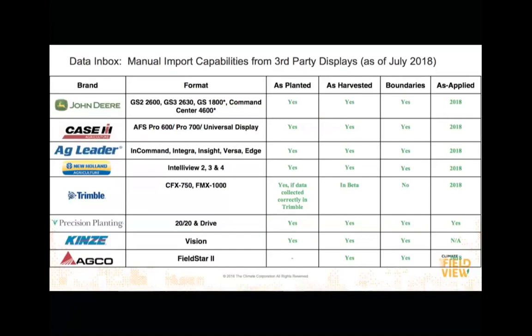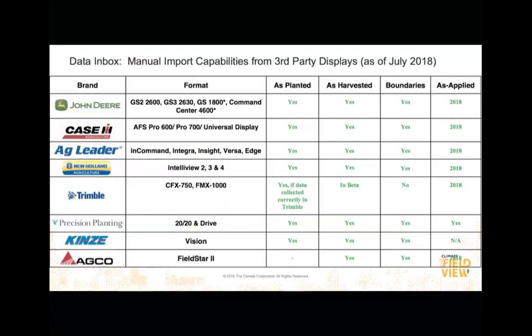Looking at this chart, most John Deere monitors, most Case monitors, most Ag Leader monitors, most New Holland monitors are capable of moving data out of those monitors and into FieldView by taking that thumb drive out of the monitor, plugging it into your computer, downloading the data, and then transferring it to FieldView. We can move as-planted, as-harvested, and boundary files.